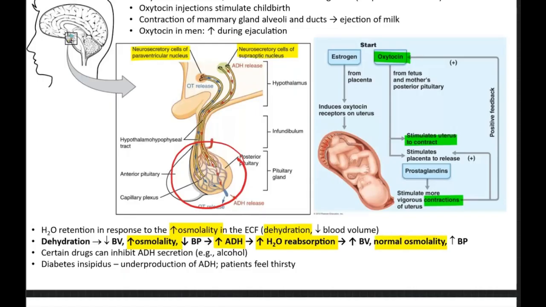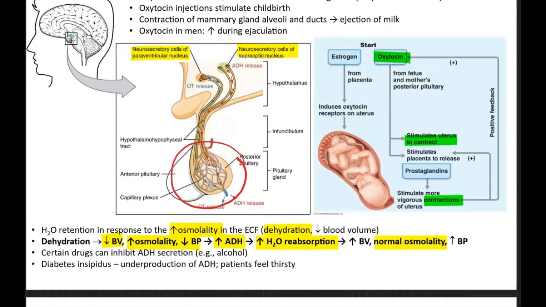Now, as you can see, the other two stimuli, which are inextricably linked, are reduced blood volume and reduced blood pressure. So antidiuretic hormone is one of many hormones that regulate your blood pressure.